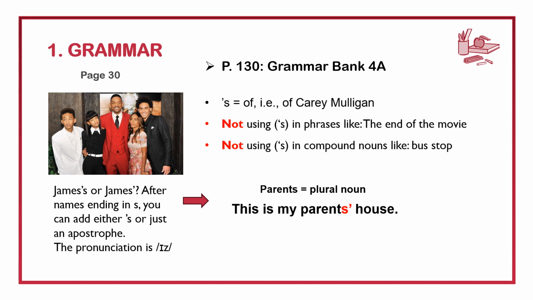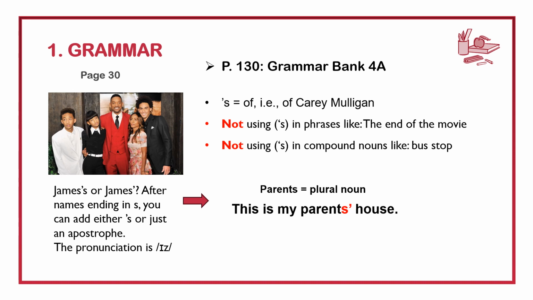So, number 1, he's Brad Pitt's brother. It's James's laptop. So as you see in both cases, we have apostrophe S. So the first one is like a normal way. Brad Pitt is a name, and then we add apostrophe S. So that means the brother belongs to Brad Pitt, or the brother of Brad Pitt.